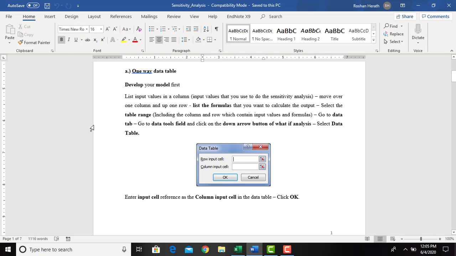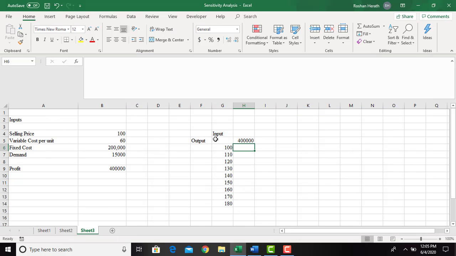Then it says that select the table range, right? So we may select that. When you are going to select that, make sure that you are selecting it like this, right? Because it needs to be a kind of complete table. So therefore you are selecting the whole area like this. Since you place your output one row above, you need to make sure that you are considering the whole area and you may select that.